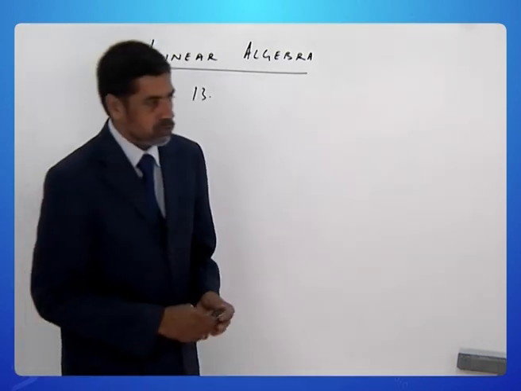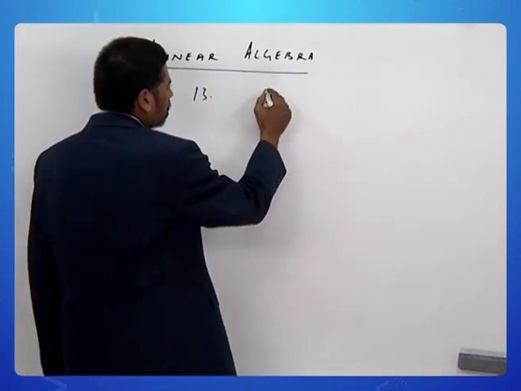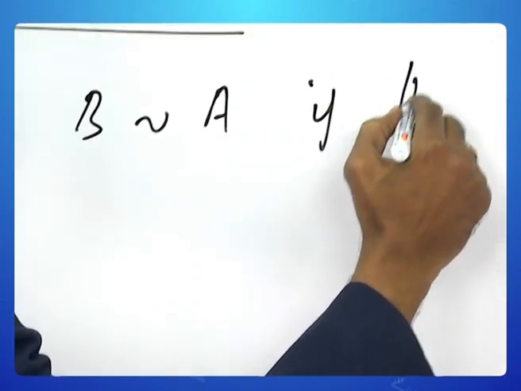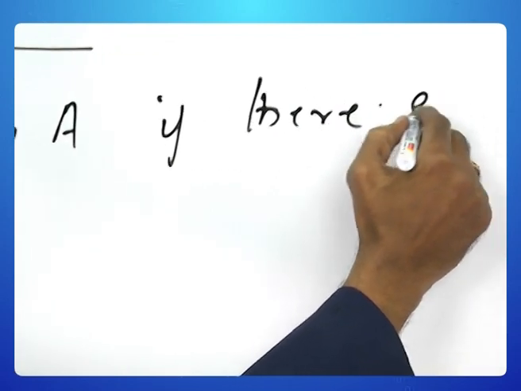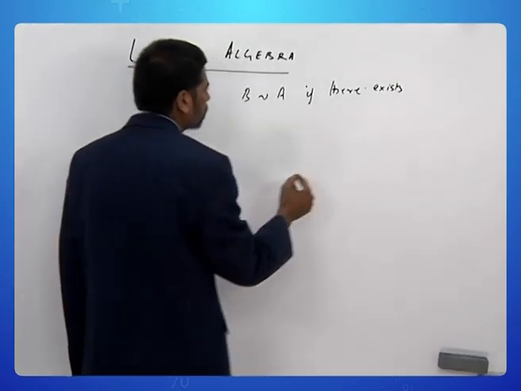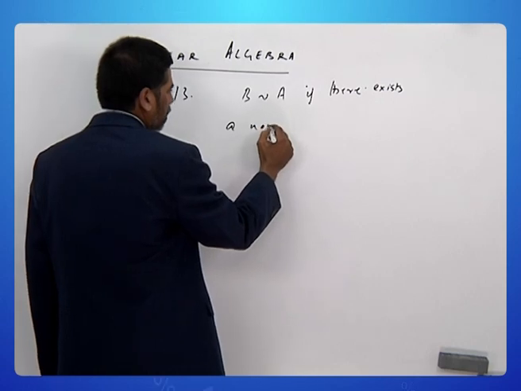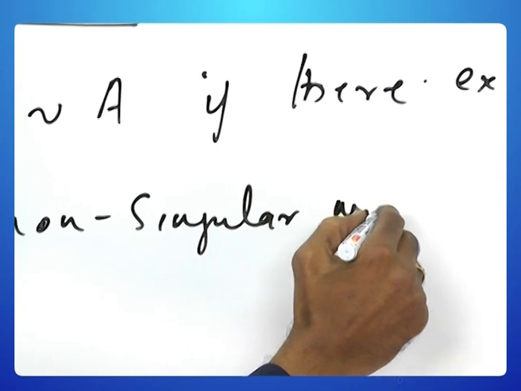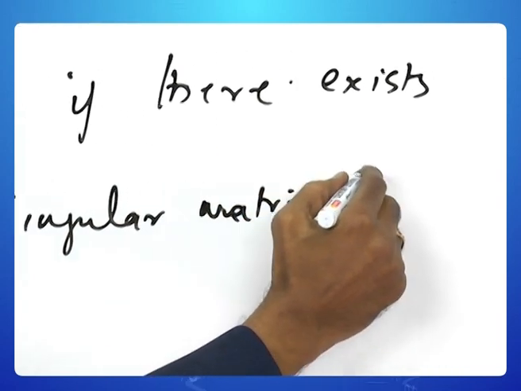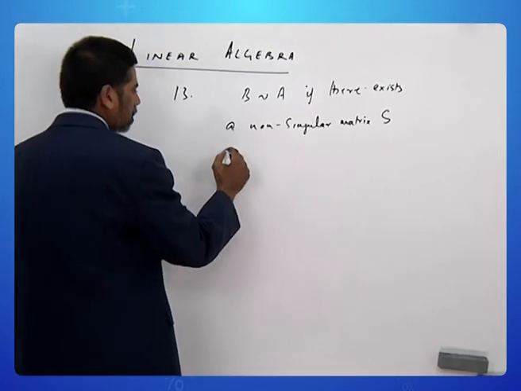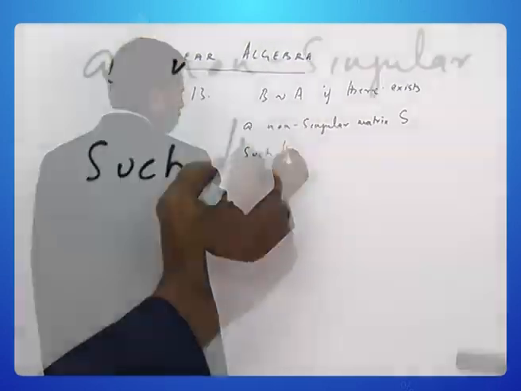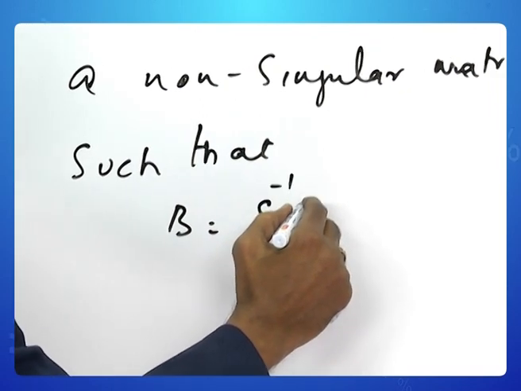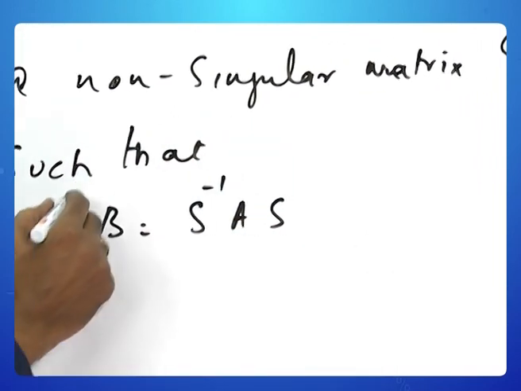What we discussed earlier was, B is similar to A if there exists a non-singular matrix, generally S, such that B is equal to S inverse AS.